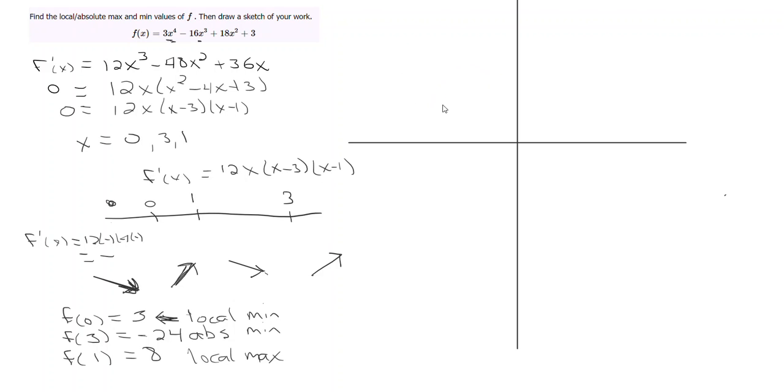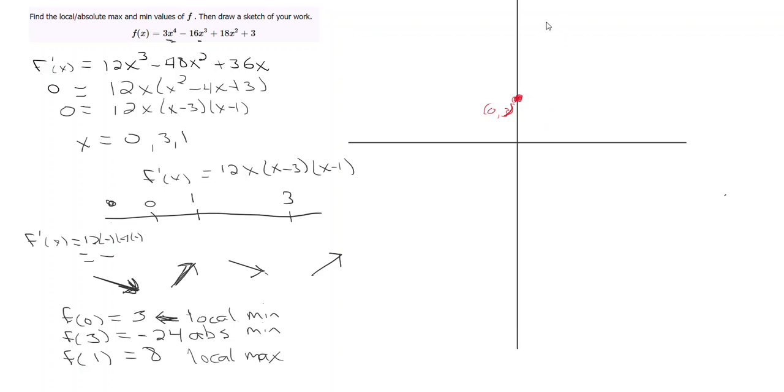All right, so let's do a better sketch of this guy now. To sketch this one, let's first just plot our points. So f of 0, and I actually knew where this point was to begin with too, right? Because I was going to draw this either way. This is actually the y-intercept, isn't it? But it's also a critical number. So let's just write 3. I'll just draw a point there, and then we'll write that 0, comma 3. Okay. And then the next one over would be at 1, 8.